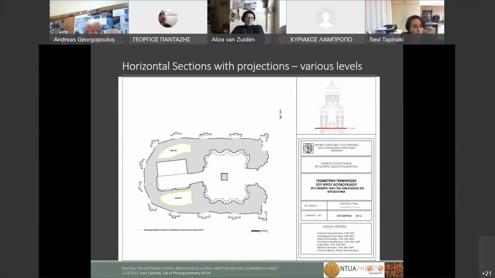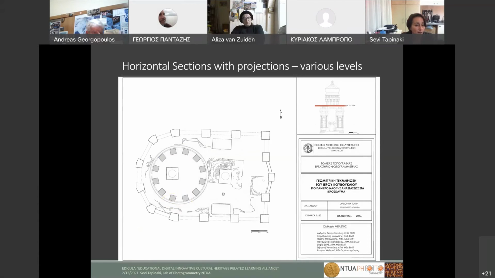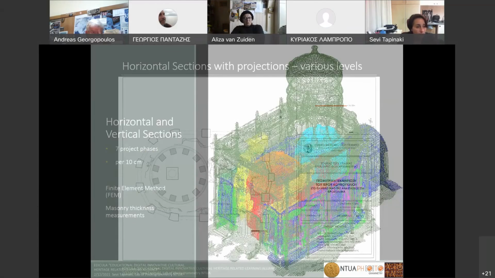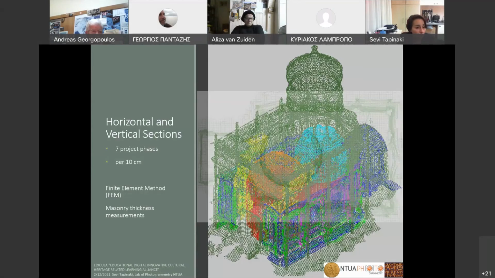Here are the horizontal sections with projections in various levels. It's from October 2016. And on top, these are horizontal and vertical sections from the 7 project phases per 10 centimeters.